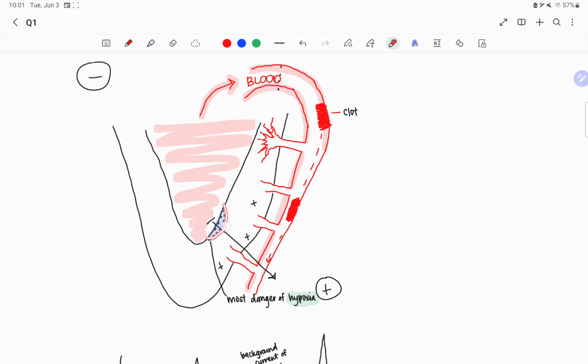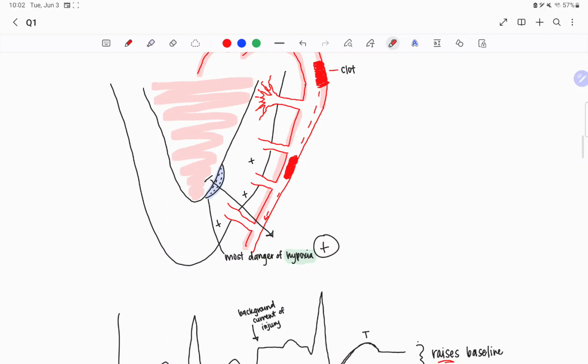So this area of the endocardium, as you can kind of see that I've drawn there, is starting to have hypoxia. It's in danger of dying, right? And so what we see is that we have all these negative cells because they're not repolarizing. They don't have the oxygen. So we have a negative tail to a positive terminal.